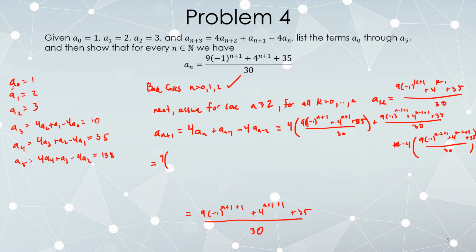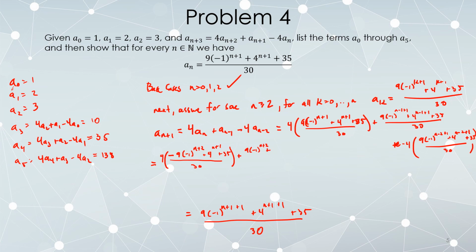4 times negative 9, negative 1 to the n plus 2, plus 4 to the n plus 1, plus 35, all over 30, plus, this one I get to adjust for free.